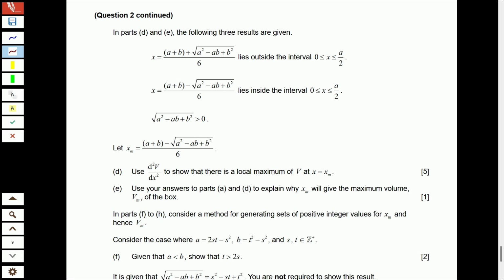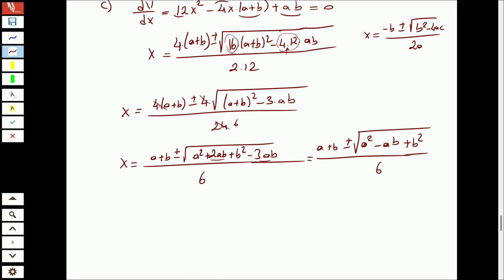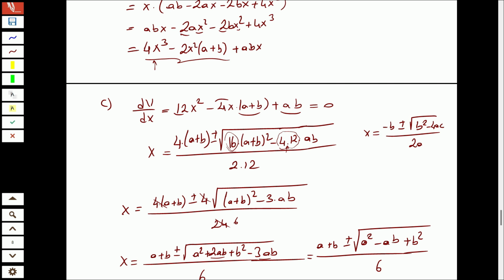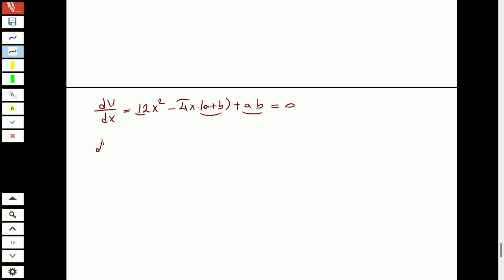So how are we going to use the second derivative of the function? We found the first derivative, right? Let's check the first derivative here. In this case, we're going to find the second derivative by finding the derivative of this function. The derivative of the first term is 24x minus 4 times (a plus b), right?